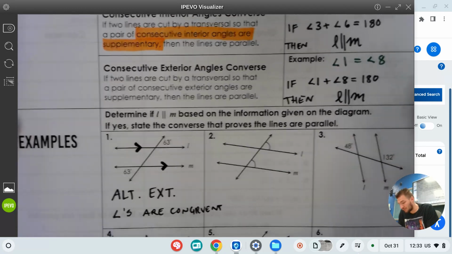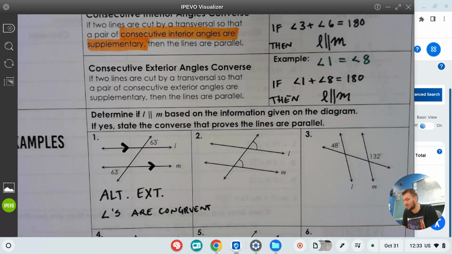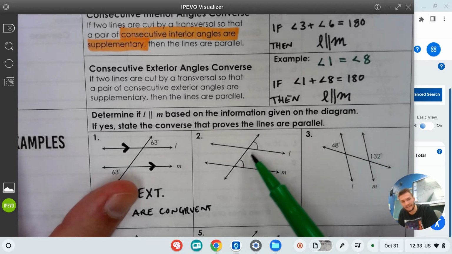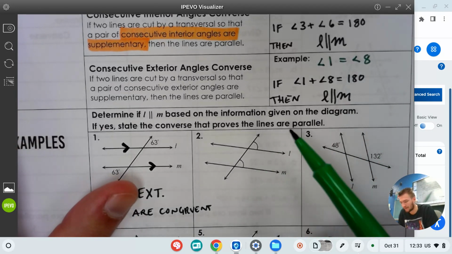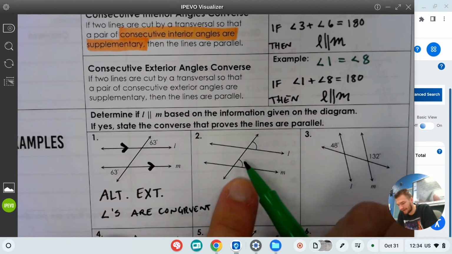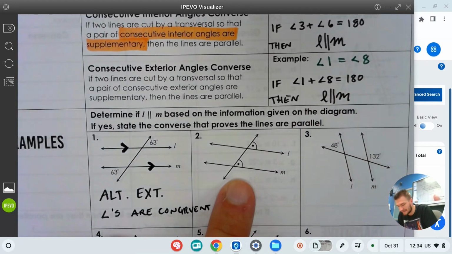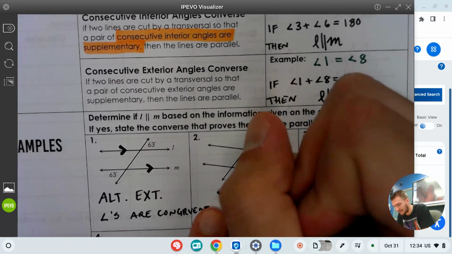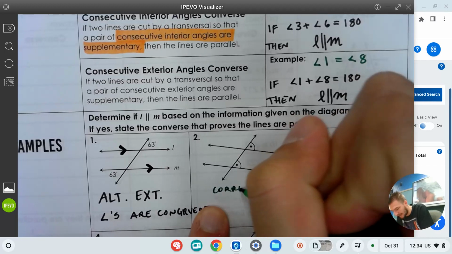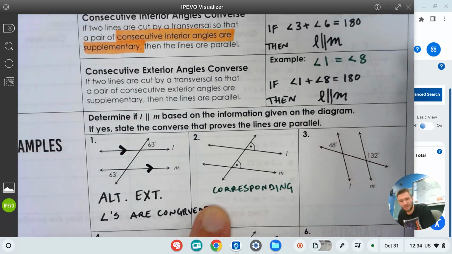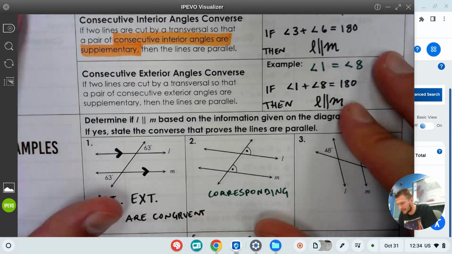Now for number 2, we can do these questions. All we need to look at is these two angles that we're talking about. Figure out how they're supposed to relate. I would say that this and this can relate with corresponding. I think that these are corresponding angles. Are corresponding angles supposed to be congruent, or are they supposed to be supplementary?